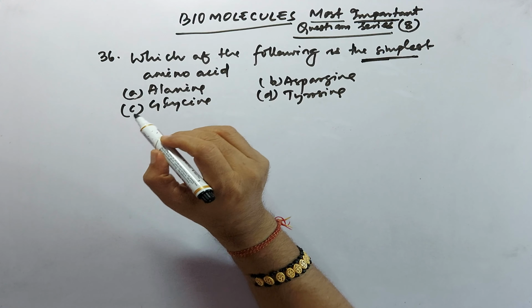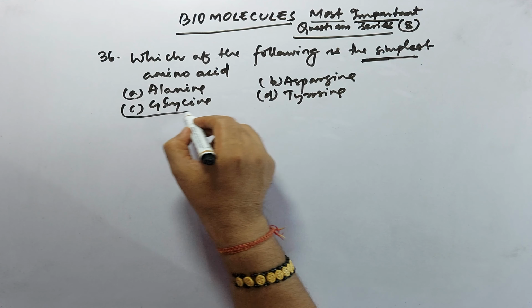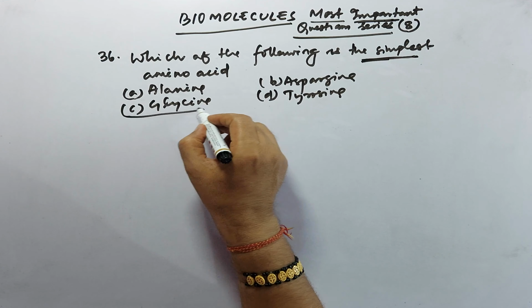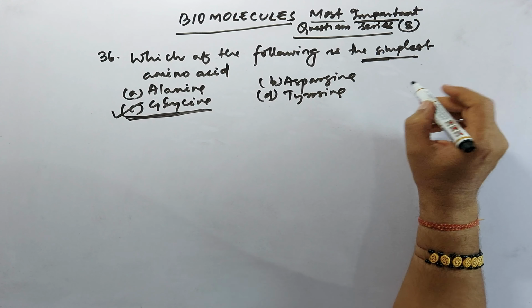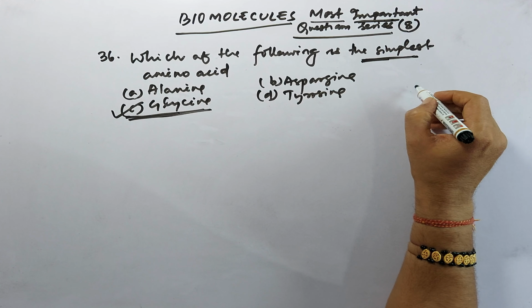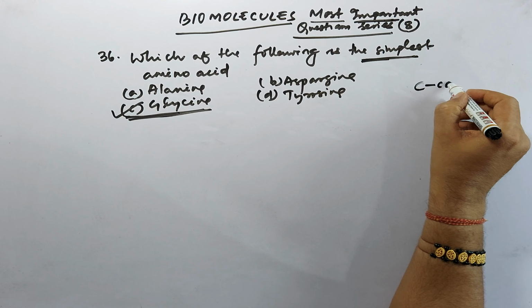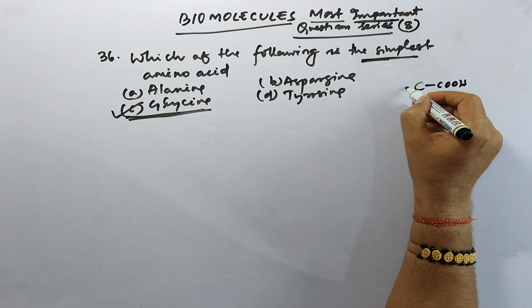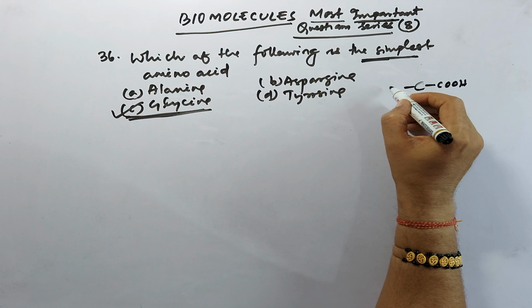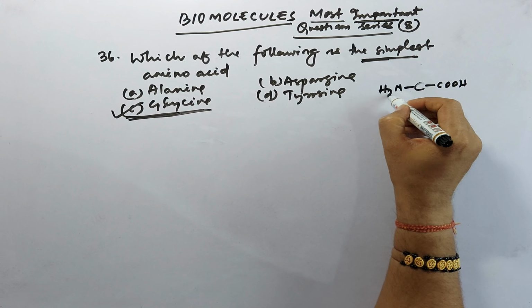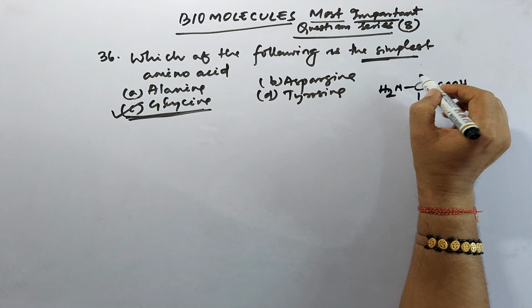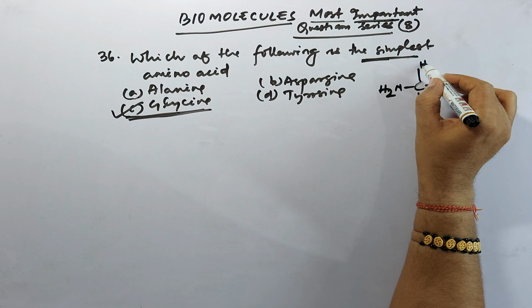Glycine is the simplest amino acid because the side group is only a simple hydrogen. So we can draw the structure here also. This is COOH, the carboxylic acid group, and this is the amine group, this is the hydrogen, and the other group is also hydrogen.